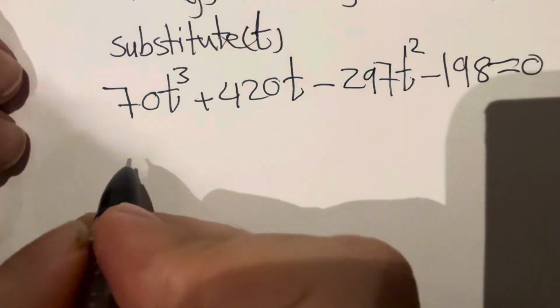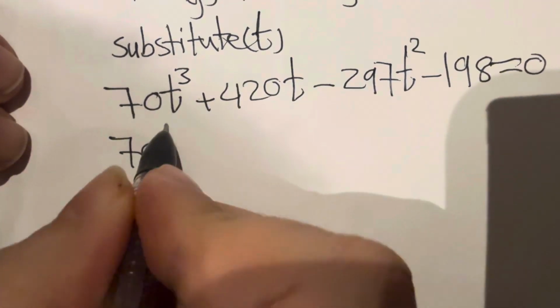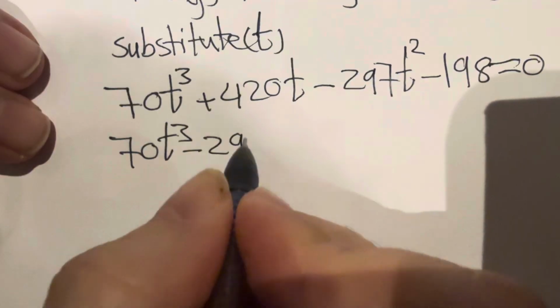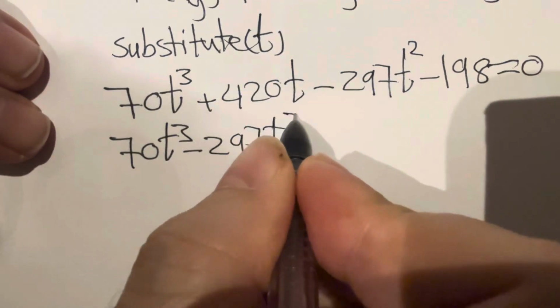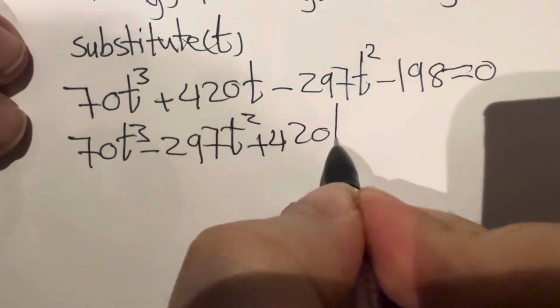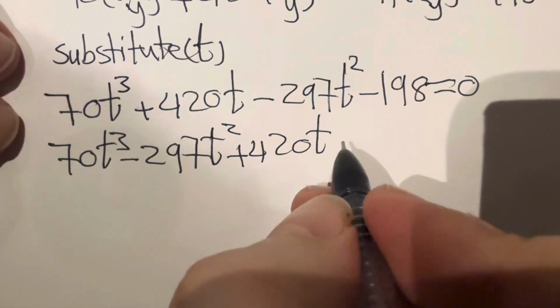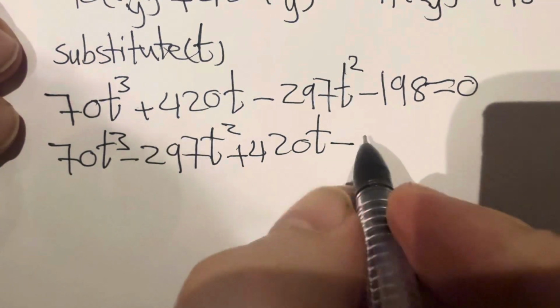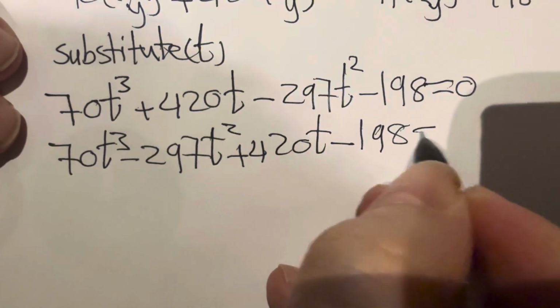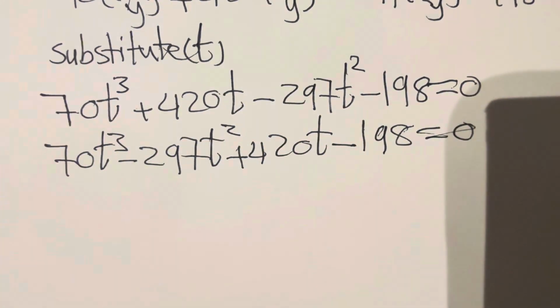So if we rearrange a little bit, we get 70t cubed minus 297t squared plus 420t minus 198 equals 0.